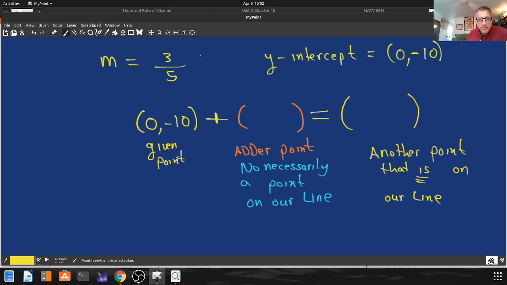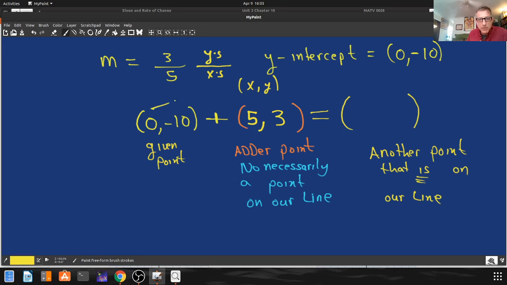What I'm going to do, remember the 3 is my y's, it's my rise, and my 5 is my run. So the 5 corresponds to the x's, so I'm going to put it right there where the x goes. Remember, every point is of the form x, y, and the 3 corresponds to my y. The only difficulty of this is you've got to put the denominator in the x spot and the numerator in the y spot. Now, how do we add points? It's really simple. We just add x's and x's.